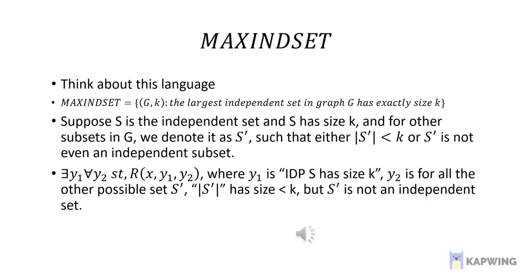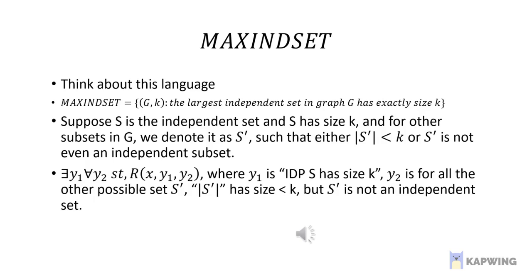Given a graph G and K, the largest independent set in graph G has exactly size K. If that is the case, you can think there's a subset S in graph G, where S is independent and has size K. But not only this, we also need to satisfy that for all other subsets in G, which we denote as S prime, those S primes either have size less than K, or S prime is not even an independent subset.